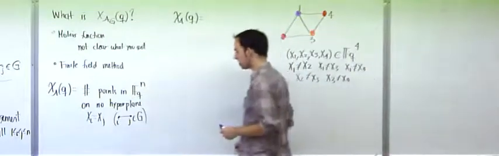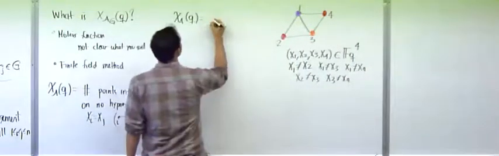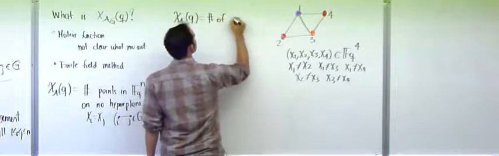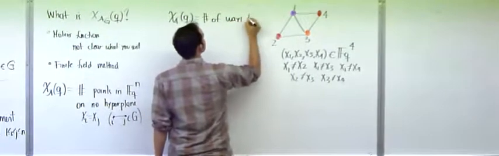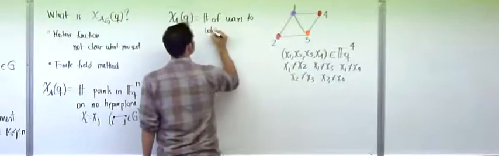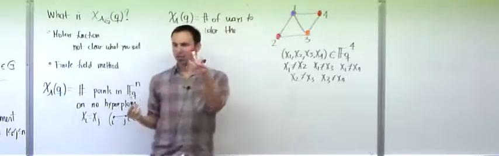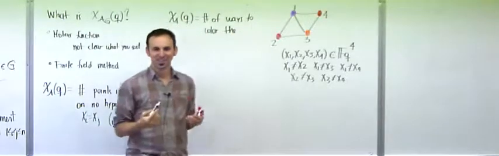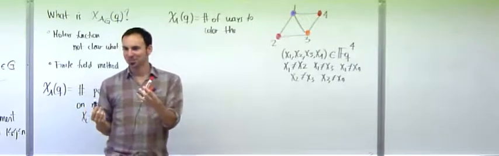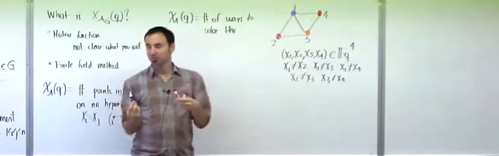So let's say this in friendlier terms. Number of ways to color, in that case, q is 3. But q is the number of colors that you have.